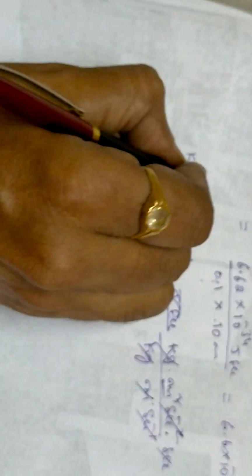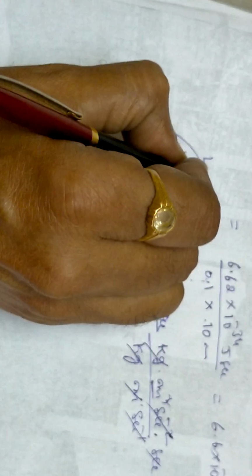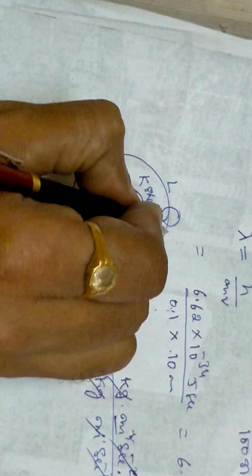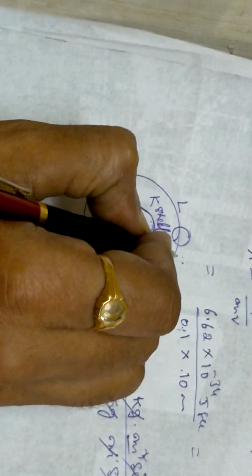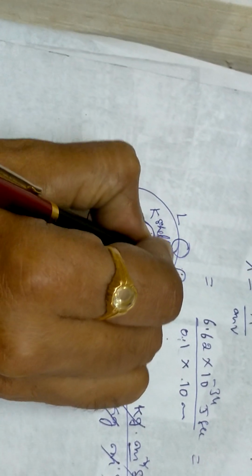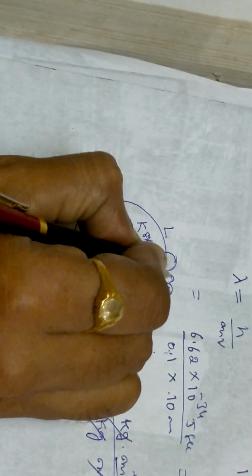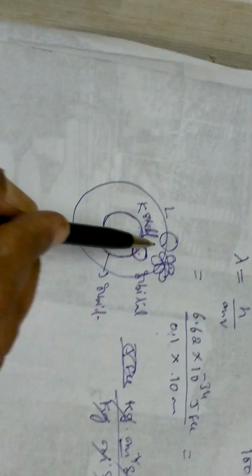Now coming to the second one, after K it is L. In the L, there is one s and one p, and p means three p's. The p will be in dumbbell shape. I'm not able to draw this properly.